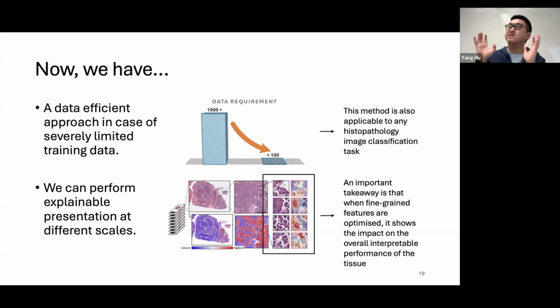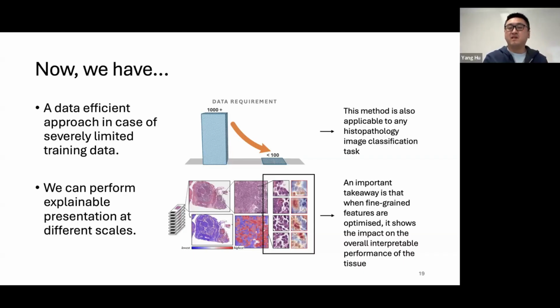For now we have a very data efficient approach, in case we only have a seriously limited training cohort. Basically the data requirement is reduced from 1,000 to less than 100, and we can also provide very good explainable representation at different scales.